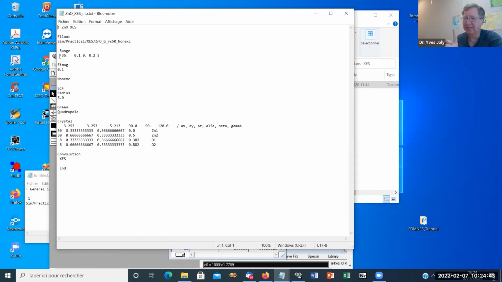But I must say that the code is in fact convenient only for the valence to core, because for the beta line below the valence to core, there are some exchange phenomena between the 3D state and the 3P state, I think, and it's not included. So it won't be very good for the other emission lines, unfortunately. But I plan to work on this soon to improve the code. So it's more for valence to core up to now. Thank you very much.